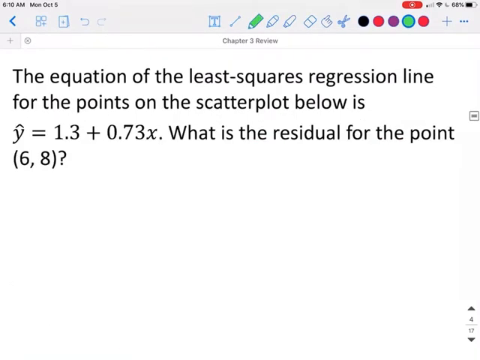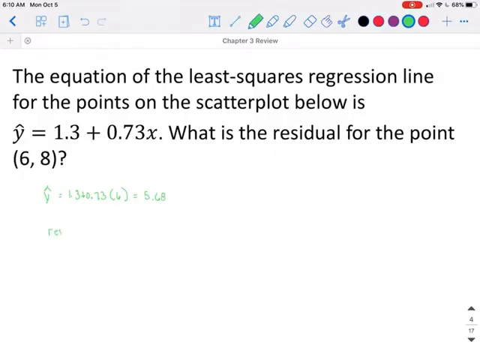The equation of the least squares regression line for the points on a scatter plot is given below. What is the residual for the point at (6, 8)? So to find this, we need to find what our predicted value is when x is 6, and we're going to get an expected value of 5.68.